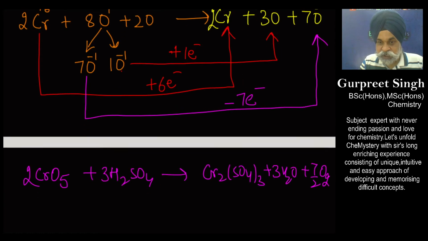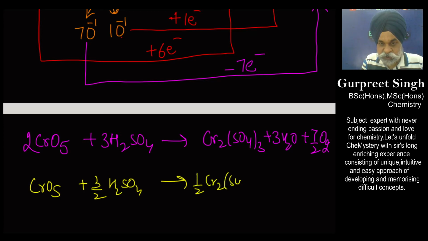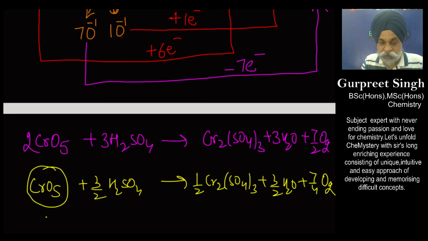Now if I divide the entire equation by 2 so that it becomes per mole, this becomes 3 by 2 sulfuric acid, this becomes 1 by 2 chromium sulfate, and this becomes 3 by 2 water and 7 by 4 oxygen. This is what we did. So now this has become per mole.